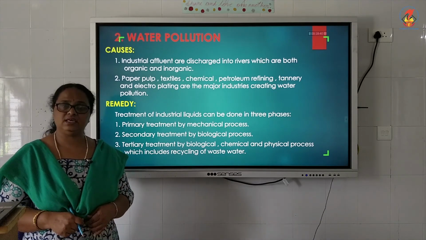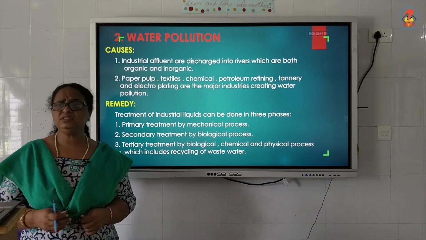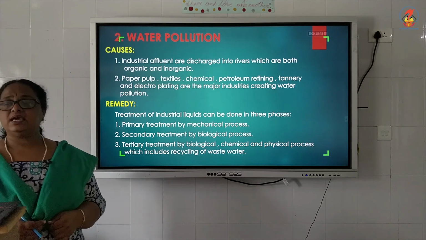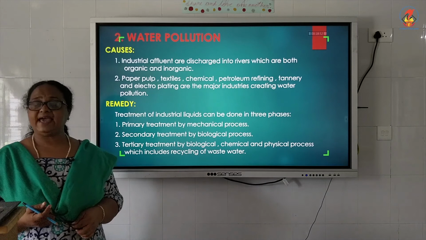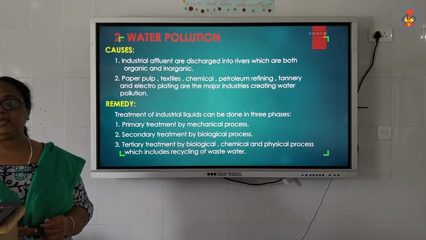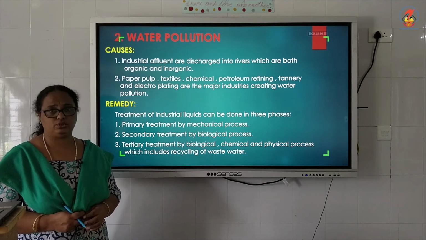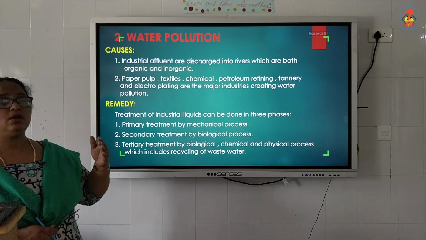It affects the aquatic animals and plants. Then paper pulp, textiles, chemicals, petroleum refining, tannery and electroplating are the major industries creating water pollution.